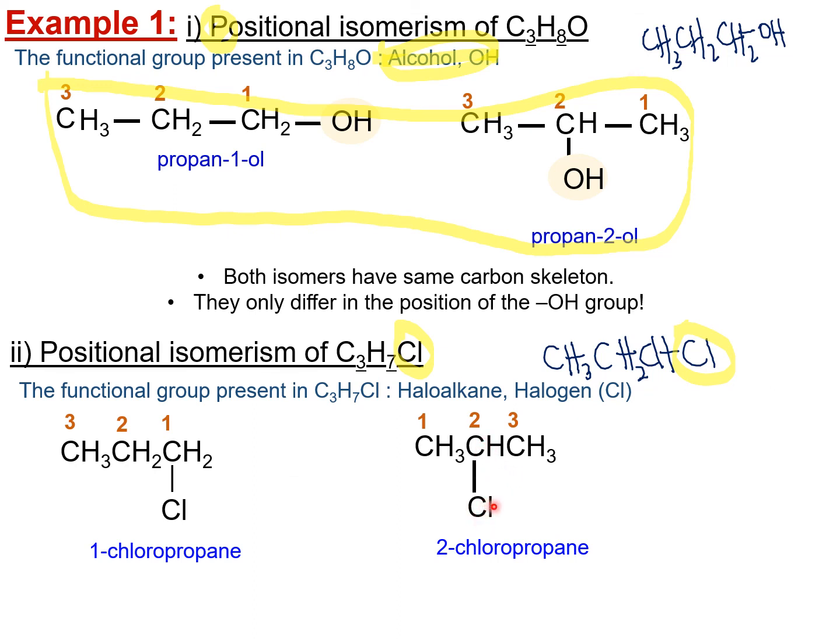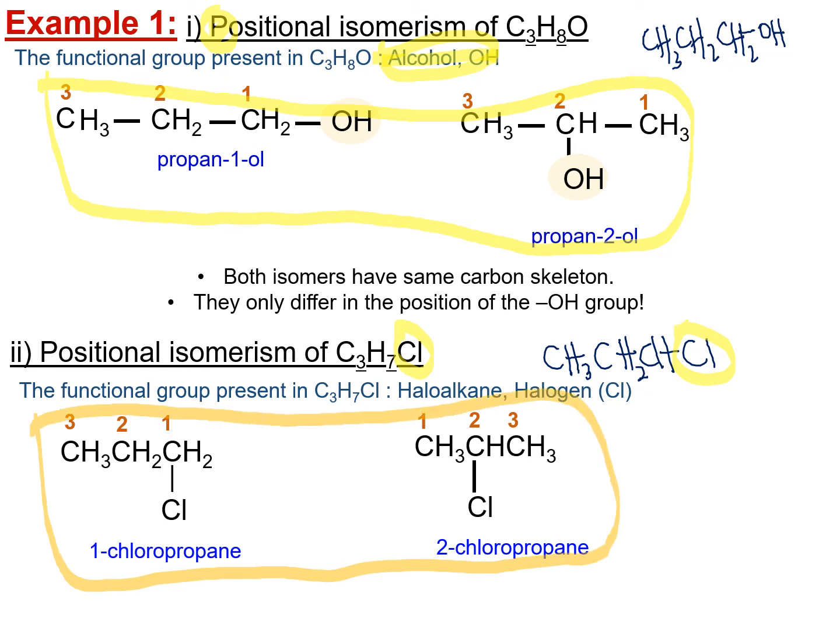Okay, so therefore these two, structural formula dia different from this one, tetapi dia memiliki molecular formula yang sama, C3H7Cl. But then since dia punya functional group Cl ni berubah kedudukan, these two adalah positional isomers. Okay, dia punya carbon skeleton tu sama sahaja, cuma kita hanya ubah kedudukan functional group Cl.